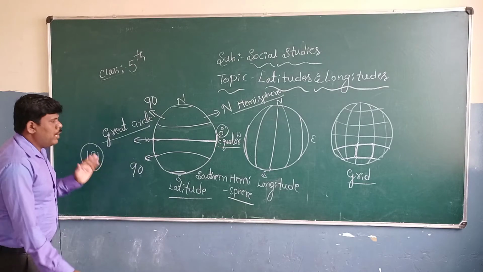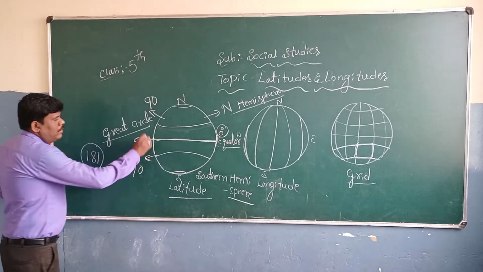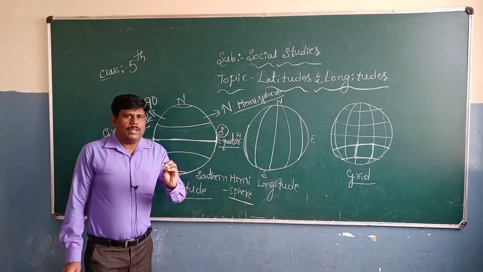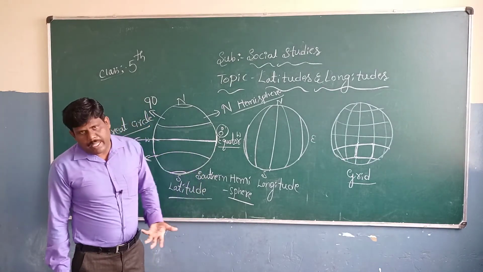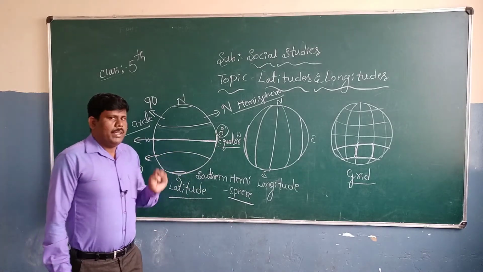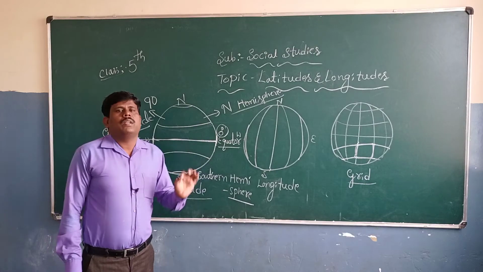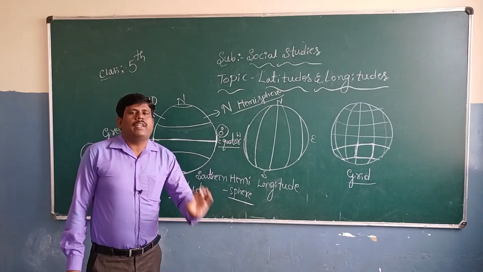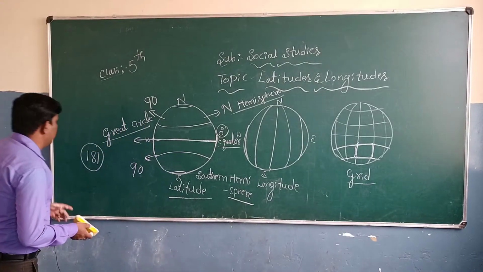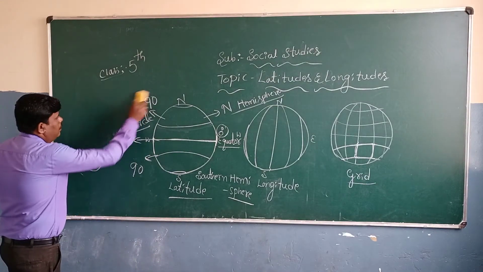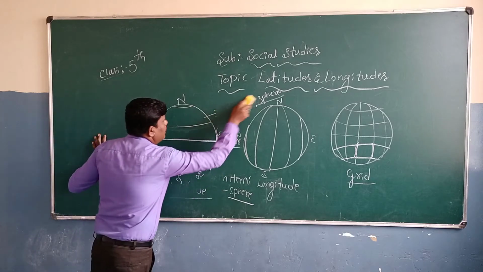There is a speciality about latitudes. Children, there are 4 important latitudes other than the equator. Including the equator, there are 5 important latitudes. These 4 important latitudes are given in your text.